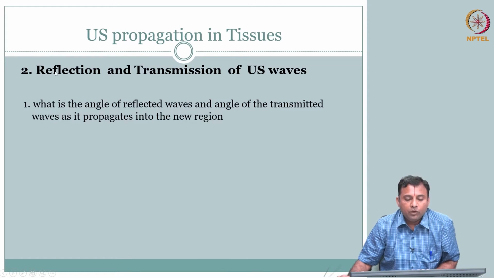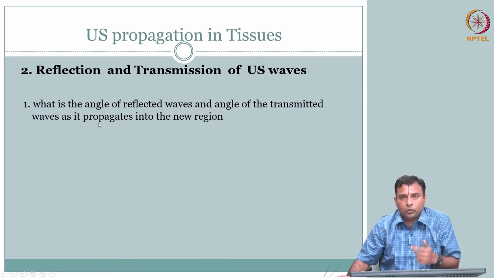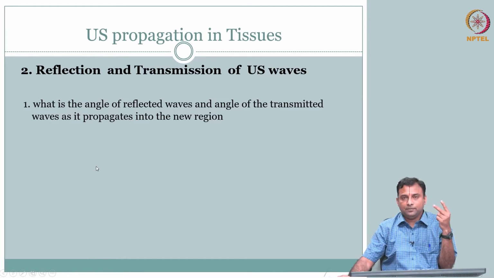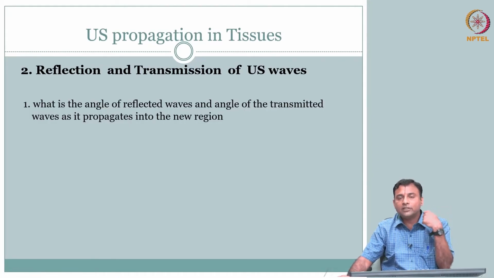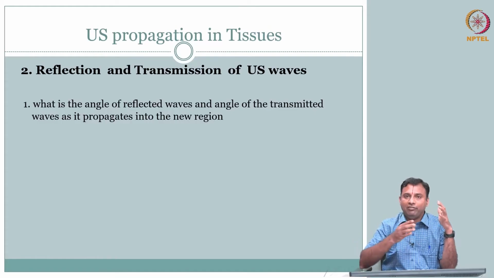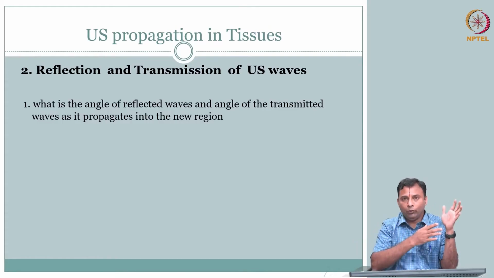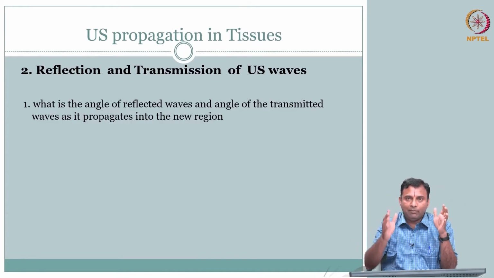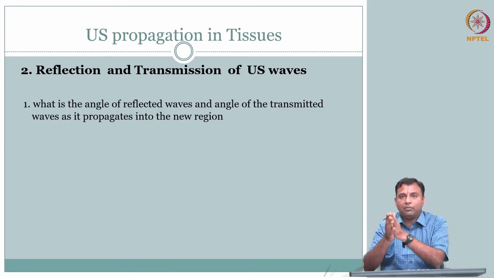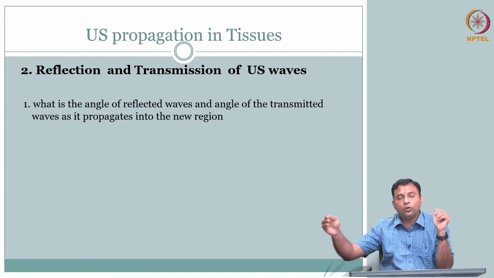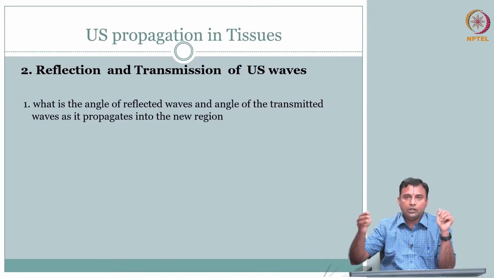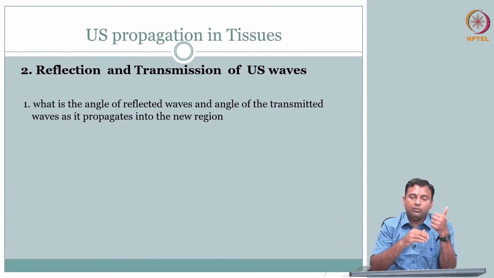So when we talk about reflection and transmission, there are two things we have to answer: what is the angle and how much is the amount? I have a pressure wave, or the sound, that is going in one medium. I have another medium I am encountering, so I have something that is coming back, and something that is going to go further down. How much is going to come back is one aspect, and how much of it is going to go forward.